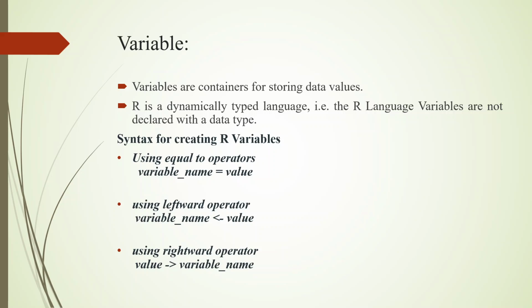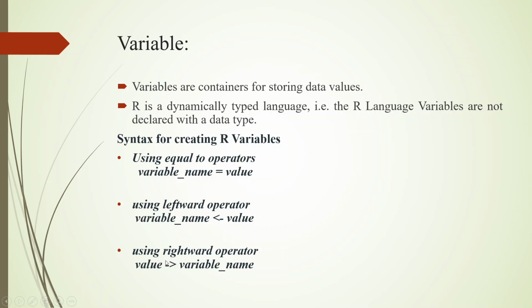And what is the syntax to create an R variable? Here we have three types of syntaxes to create an R variable. The first one is using the equals to operator, the second one is using the leftward operator, and the third one is using the rightward operator.